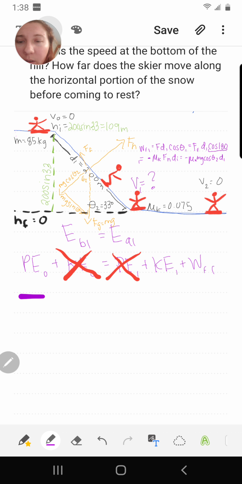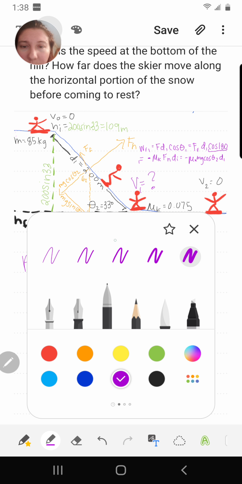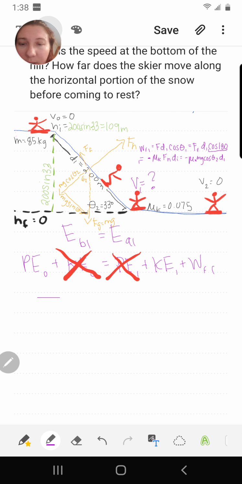So potential energy is the mass times gravity times the initial height. Okay, that's the energy before. Now the energy after is 1/2 times the mass times the velocity squared. That's velocity 1 plus this guy right here.